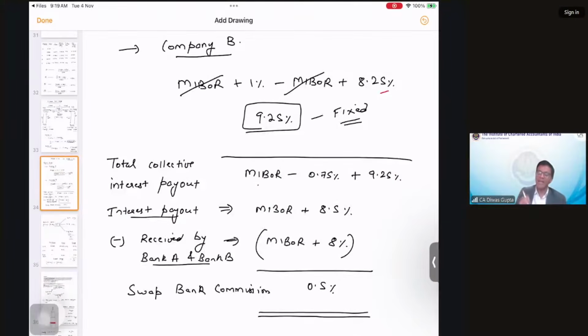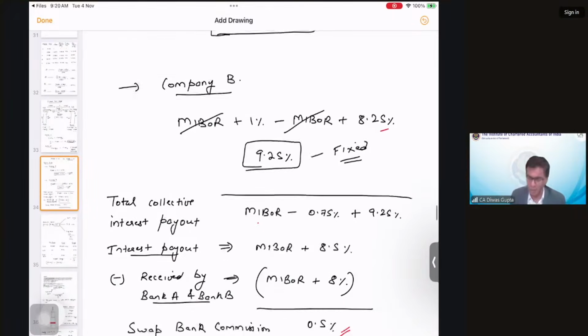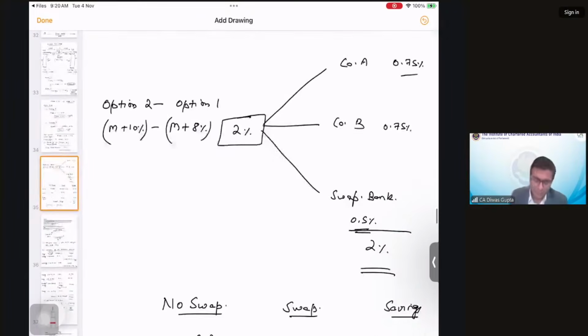And company A and company B collectively did how much? They did collectively as MIBOR plus 8%. So that means 0.5%, the extra amount that company A and company B are paying, will be kept by the swap bank as its own commission, right?